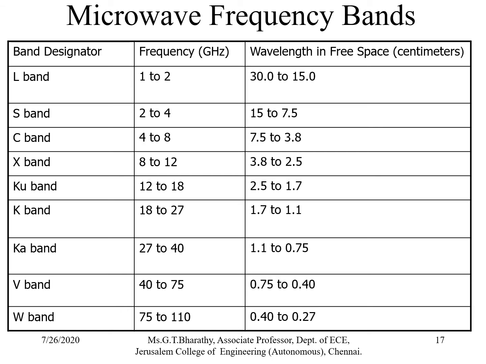This chart gives the classification or subbands of the microwave frequency, which are L, S, C, X, KU, K, KA, V and W, ranging from 1 to 110 gigahertz.